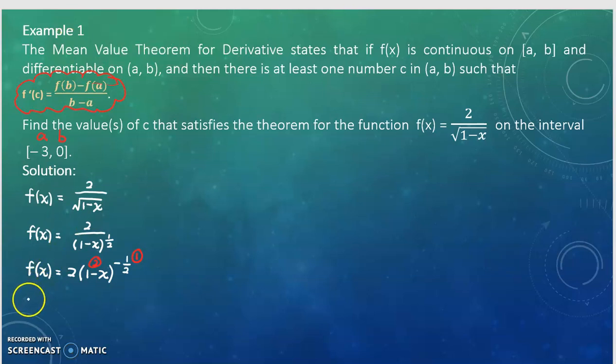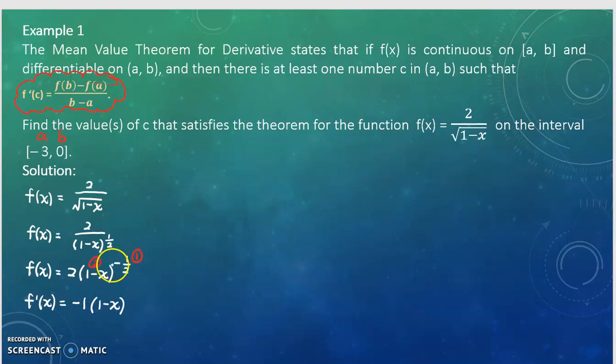Next, f'(x) will be equal to: we bring the index to the front, multiplied with 2. So 2 times -1 over 2, you can use your calculator, is -1, multiplied with (1 minus x).